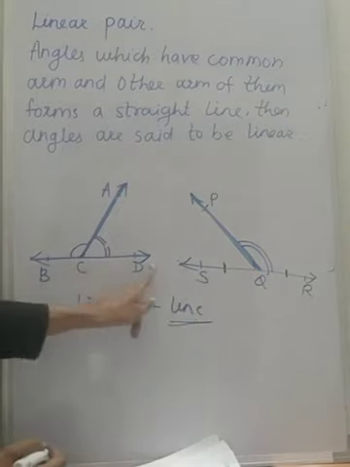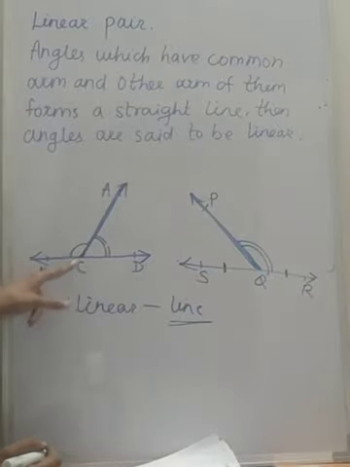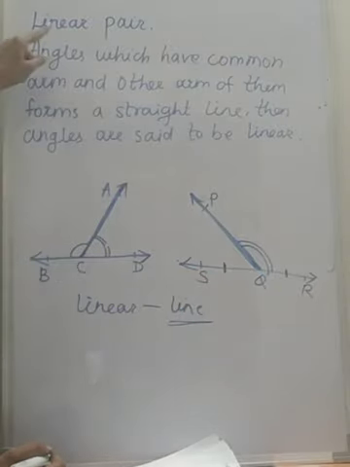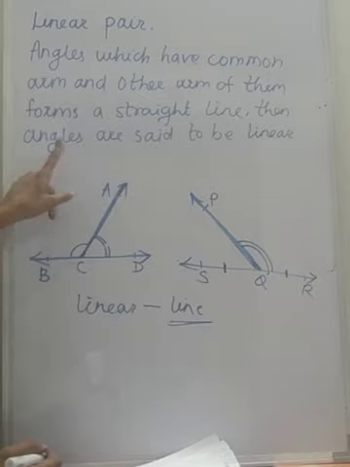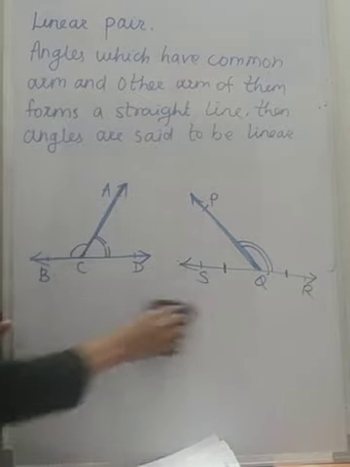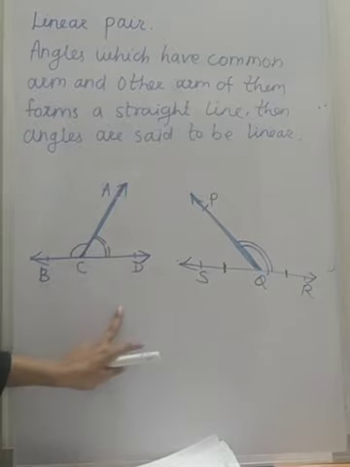So they make a straight line, and one arm is common between them. So angles which have a common arm and whose other arms form a straight line are said to be linear angles. Now you have to write down the definition and also draw these two diagrams.